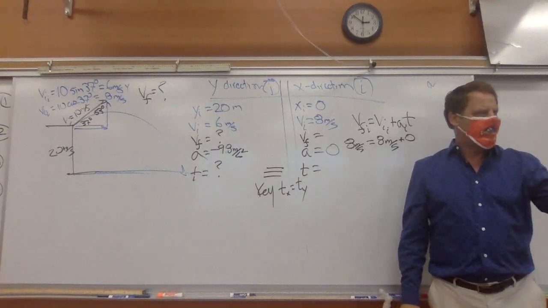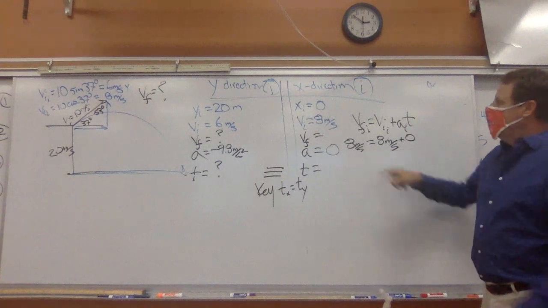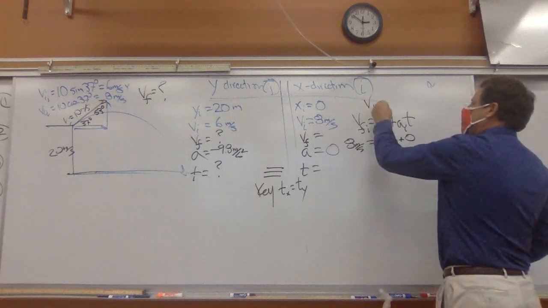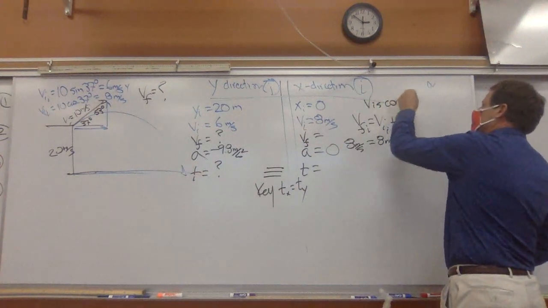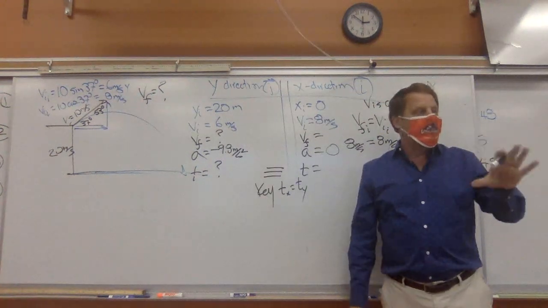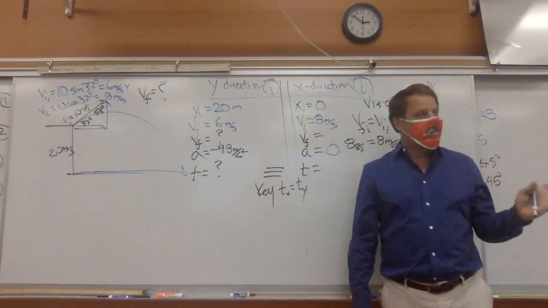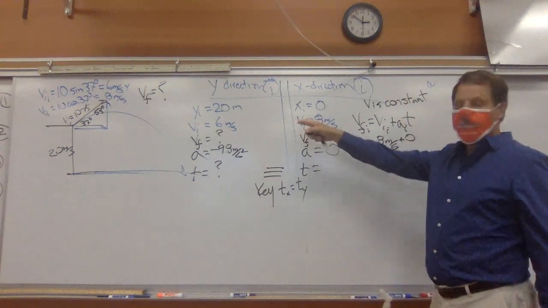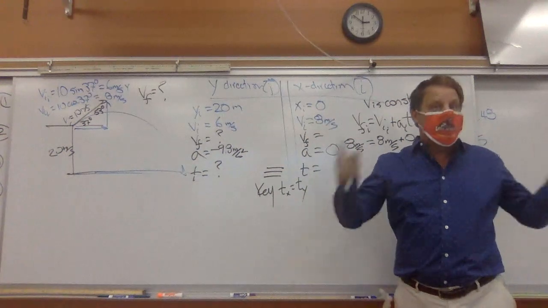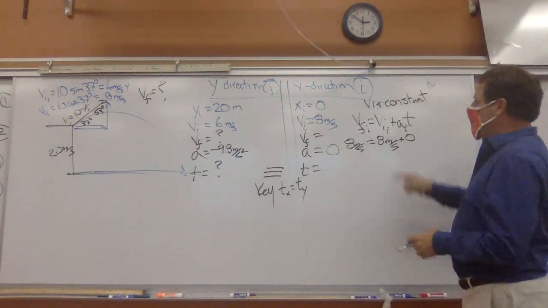Okay, obvious, but not quite so obvious because this is all new, okay? In the x direction, velocity is constant, okay? And we'll get to forces next unit, but there are no forces to make it speed up or slow down, okay? So in the x direction, it stays the same.